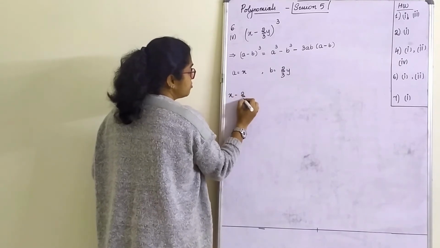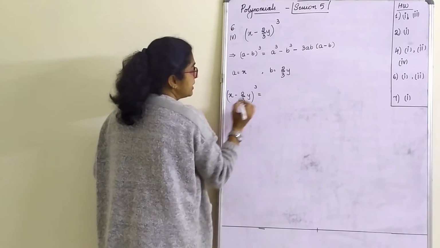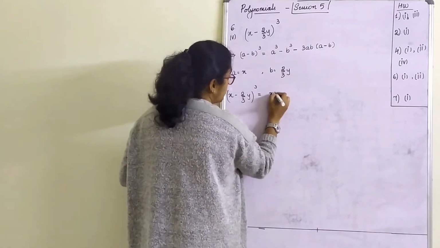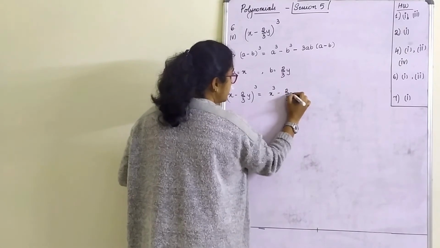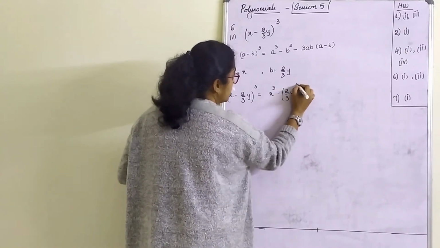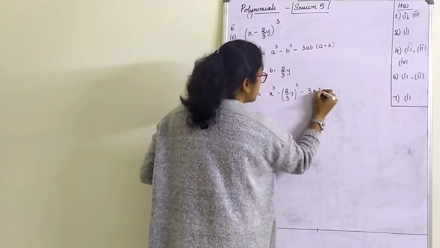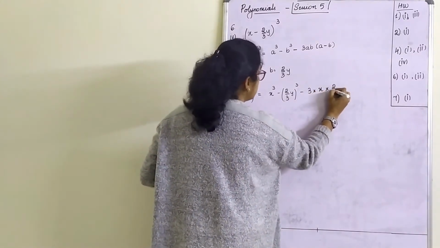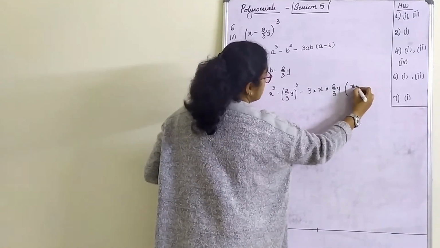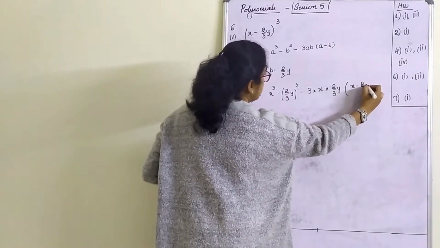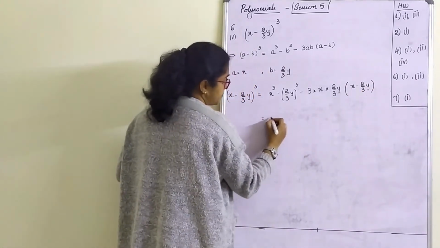X minus 2 by 3y whole cube is equal to x cube minus 2 by 3 of y whole cube minus 3. A is x, b is 2 by 3y, of x minus 2 by 3y, minus 3ab of a minus b.